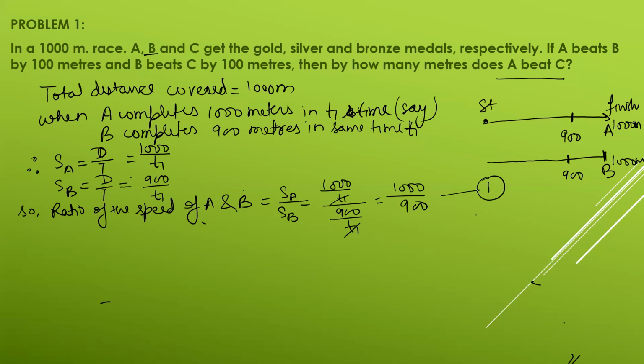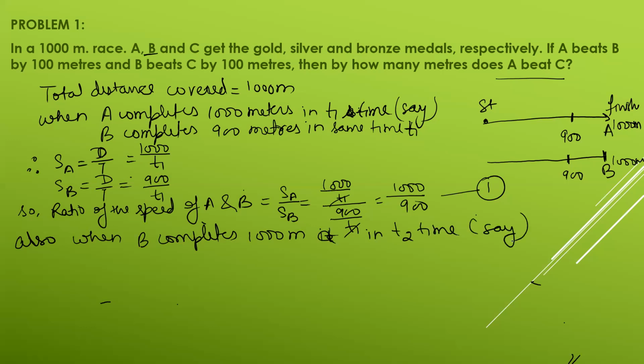Similarly, when B completes 1000 meters in say T2 time, C completes 900 meters in same time, which is T2 say.